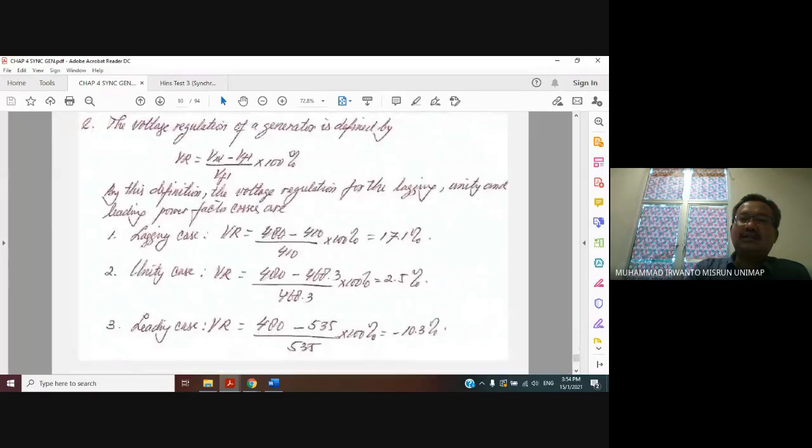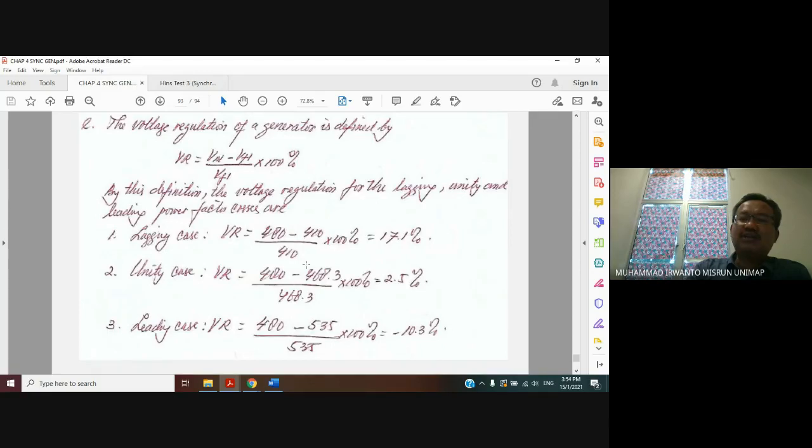So 480 minus 410 divided by full load line voltage 410, so 17.1%.